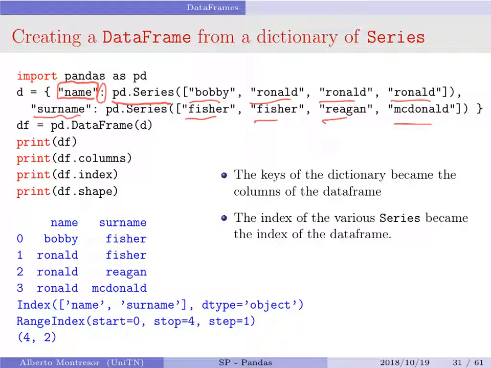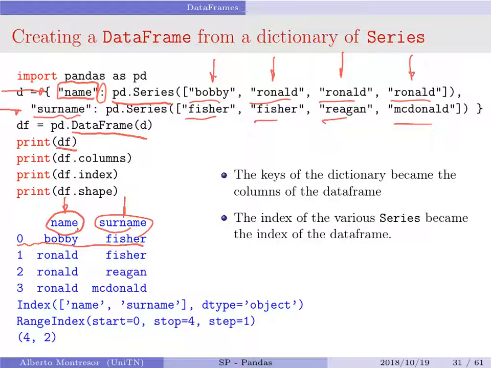Given that I've not specified an index, what you get is the following. If I create a data frame like this and then print it, I get several rows, one for each element that I see here, with several columns, one for each of the labels given to the columns.